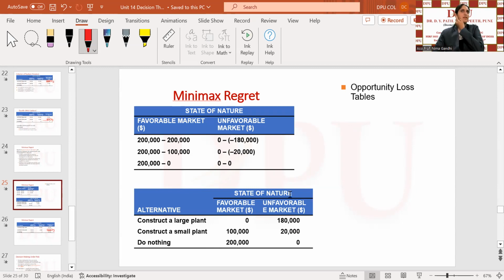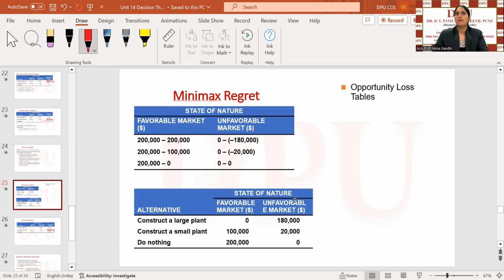Now, when the market remains unfavorable, okay. If the market remains unfavorable and they have chosen the first alternative, then, if they would have chosen the third alternative, only then is there a chance that they are not losing anything, right?